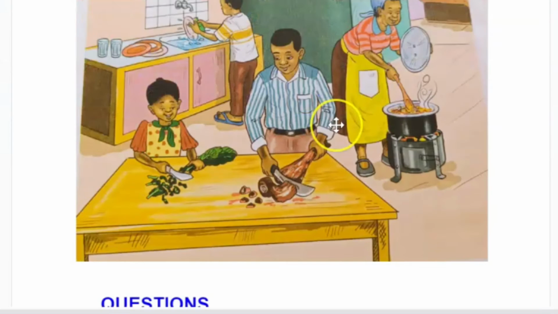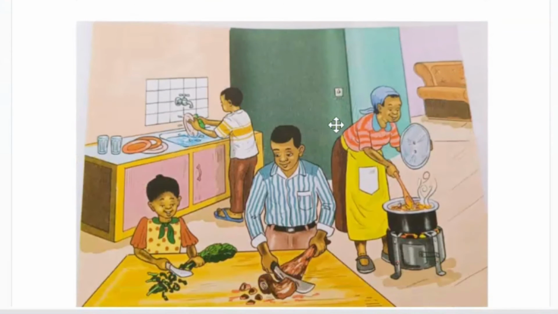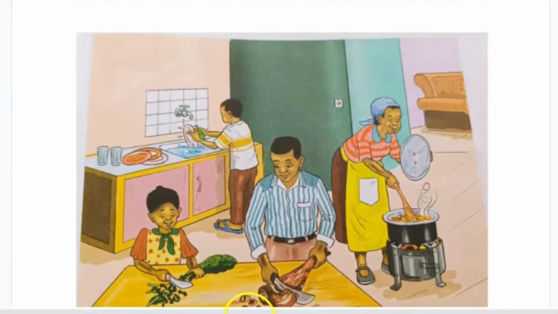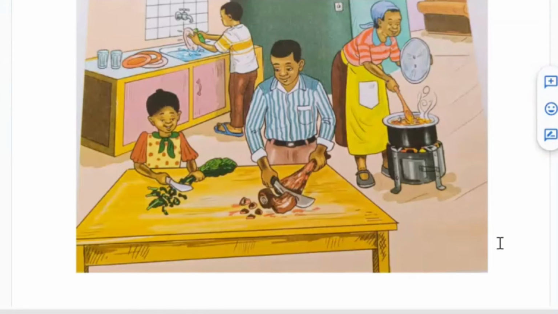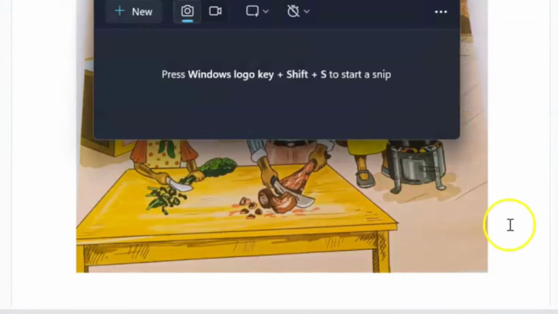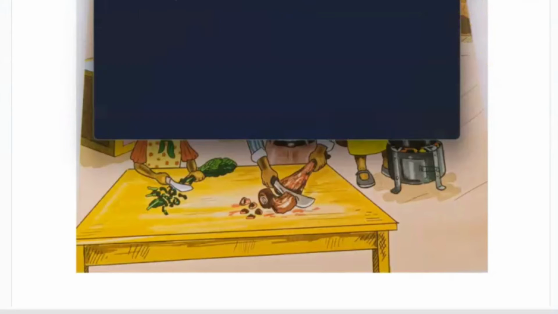So let's look at the picture one more time for a minute, to identify what we can see before we start answering the questions. Alright, let's go to the first question.